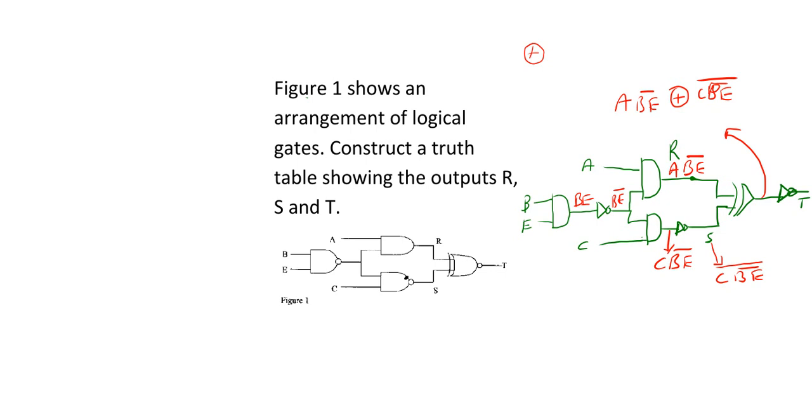Then the final expression should be T, and we pass this expression through a NOT gate. And when you do that, you will find that at the end, T will be equal to our expression, this one. We negate it, so we are getting A, B, E, we have a complement, then XOR CBE.